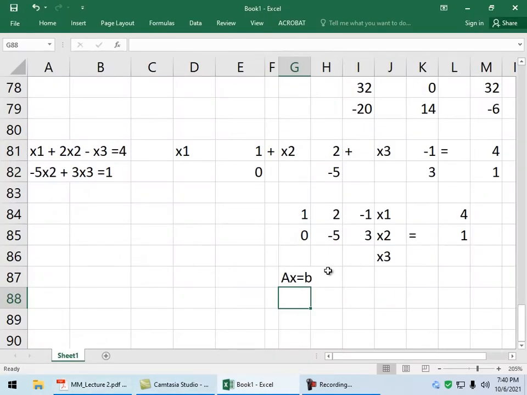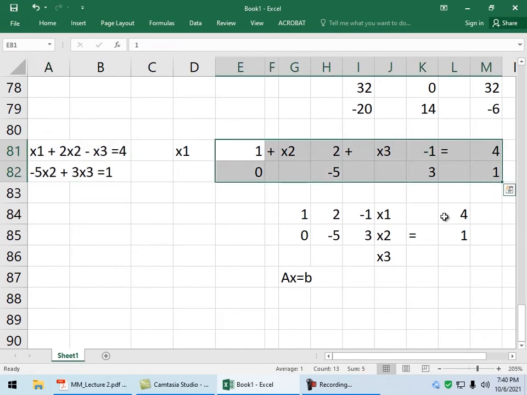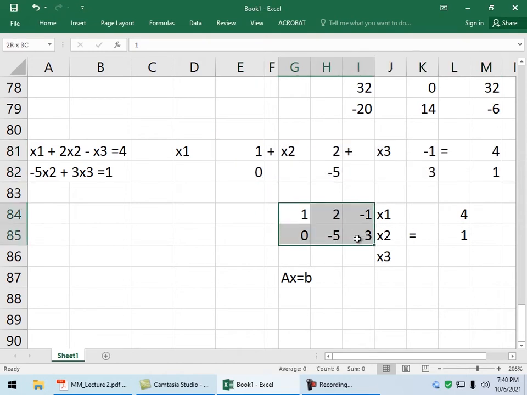From the system of equations, we searched for each column of x's: x1, x2, x3, separated them, and formed this vectorized equation. And then we put together all the columns inside the whole matrix and name this matrix A. We leave x1, x2, and x3 separately as the vector x, and the right hand side as B. So this is our notation.